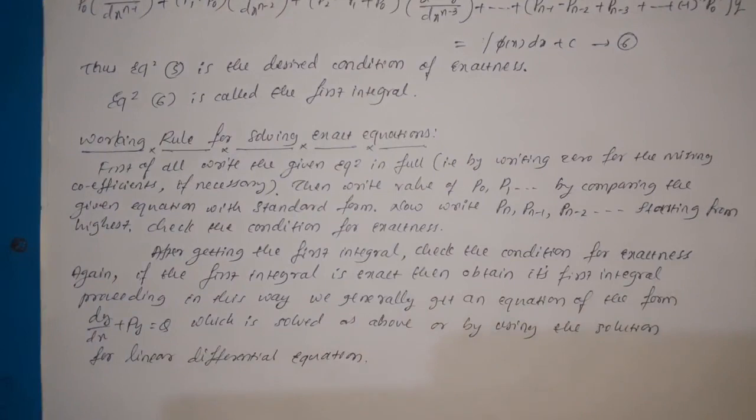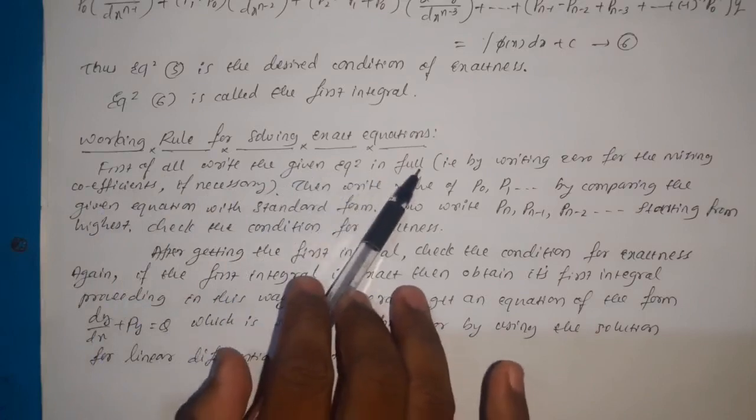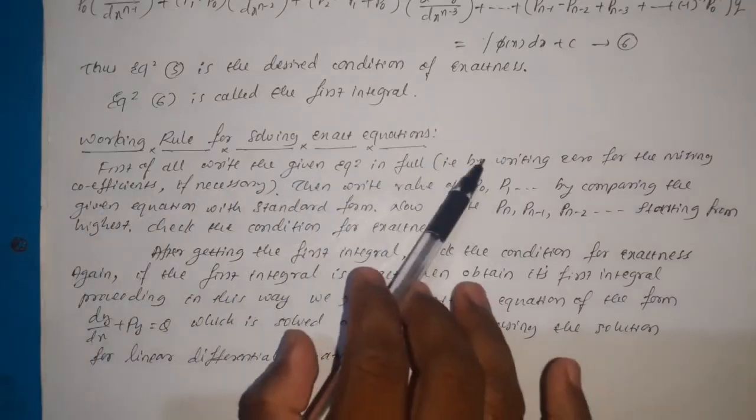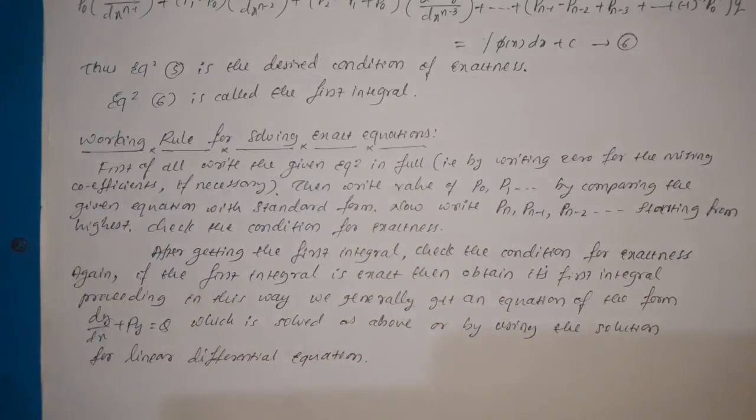So this is the working rule. First of all, write the given equation in full, that is by writing 0 for the missing terms. Suppose in the equation d cube y by dx cube is there, and directly dy by dx is given, meaning d square y by dx square is absent, then consider its coefficient as 0.